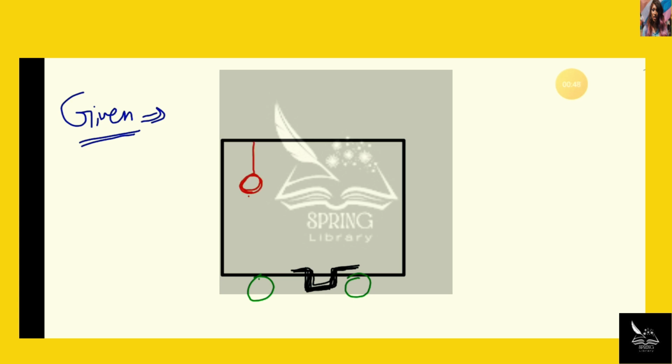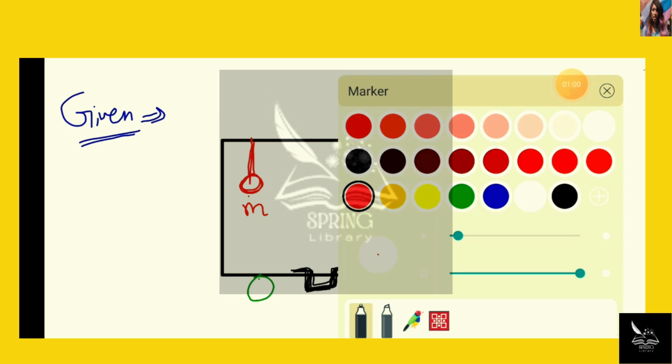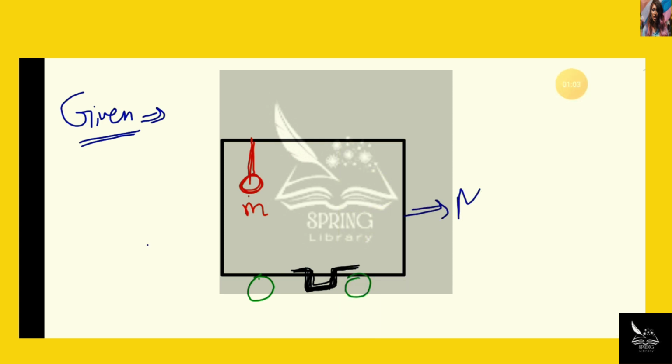Assume that at this point it is connected by a string. The mass of the pendulum bob is given, small m, and the mass of the cart is capital M. Further, the question says that after some time the string of the pendulum bob breaks, it falls down on the floor, and after several collisions it will land up in the slot. That means the final position of the pendulum bob is here.